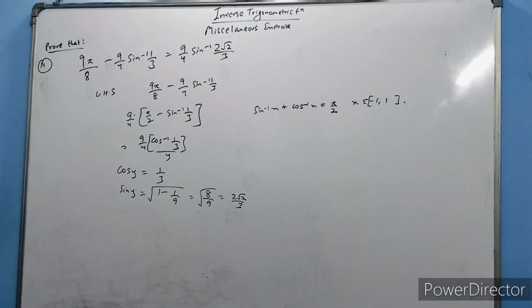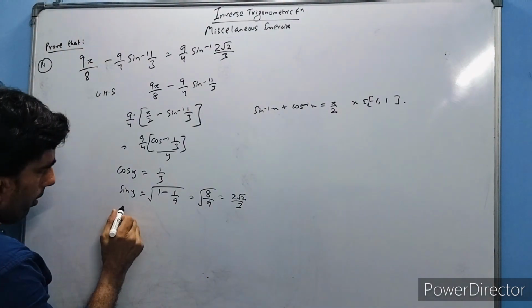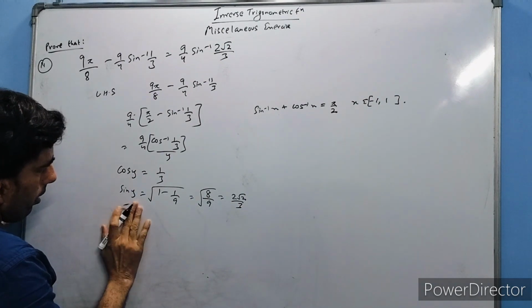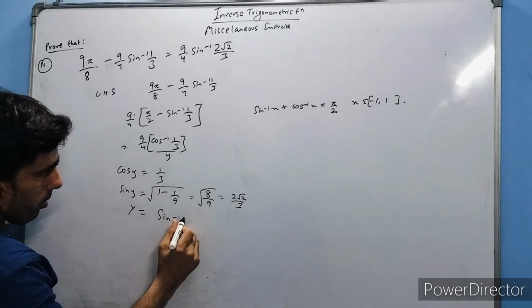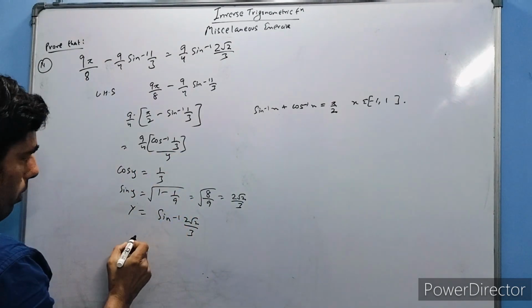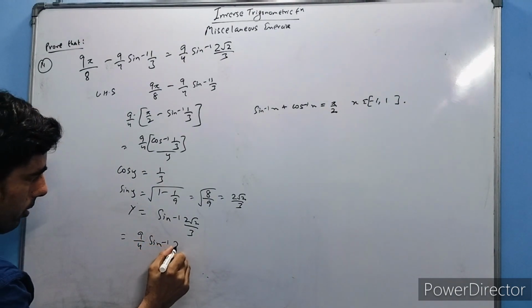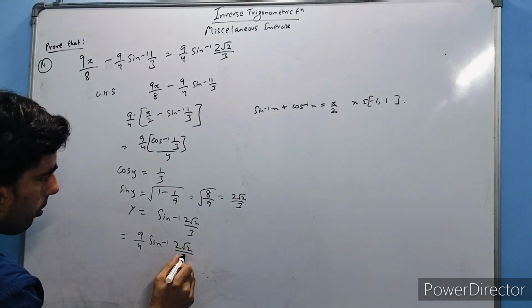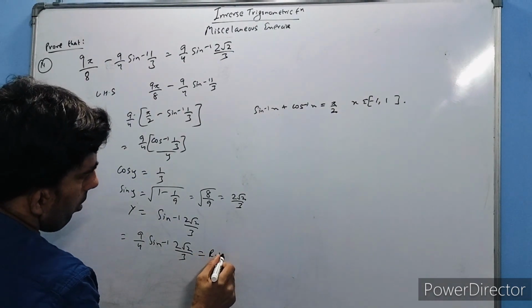Now y is equal to sine inverse 2 root 2 upon 3. Put this value here. So I got 9 upon 4 sine inverse 2 root 2 upon 3, that is equal to RHS.